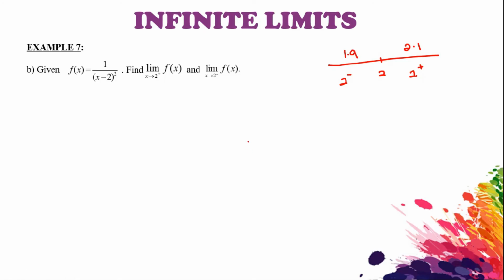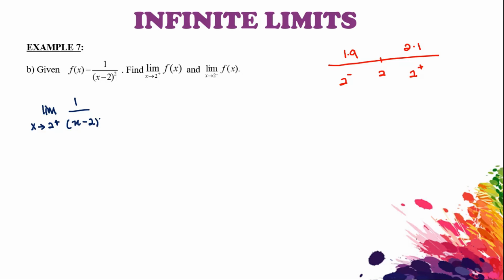So now, we will find limit f(x) when x approaches 2 from the right. Our f(x) is 1 over (x minus 2) squared. So we have limit as x approaches 2 from the right of the function 1 over (x minus 2) squared.